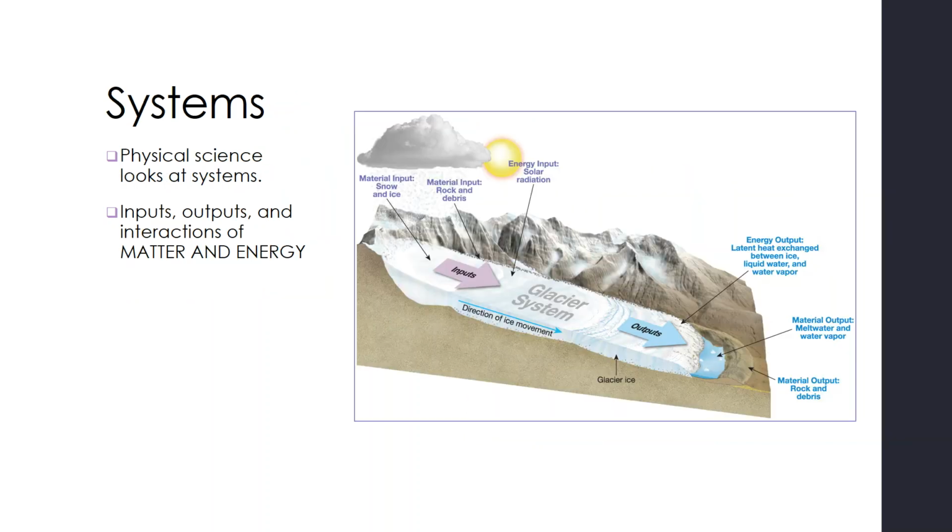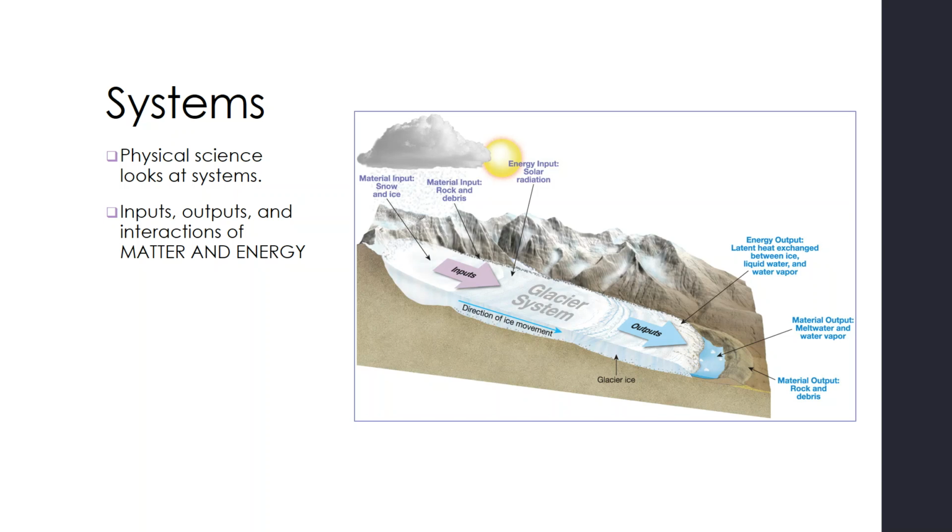What you are going to look at a lot in this class is systems. Physical science looks at systems, and these are inputs and outputs and interactions of matter and energy. Here's a glacier system, which you'll cover very late in the course, but we can see here the material input is snow and ice. We have an energy input from solar radiation.